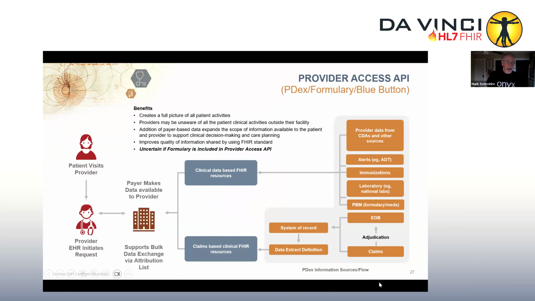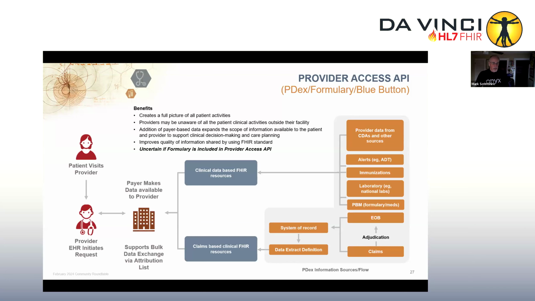So, provider access API, what this is doing is payers will need to manage an attribution list for their in-network providers. Payers will be able to potentially take that data from their claims to have really proof of an existing treatment relationship.